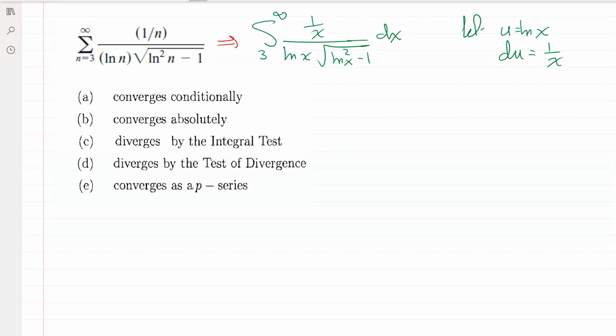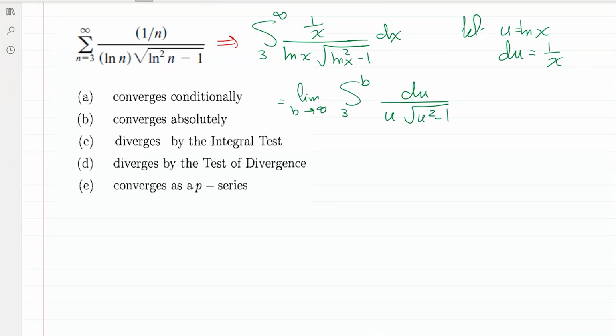Then du will be 1 over x dx. The integral will be, you can choose, the limit as b goes to infinity of the integral from 3 to b of 1 over x dx, which is du, and down you have u root of u squared minus 1. This looks like what, guys?